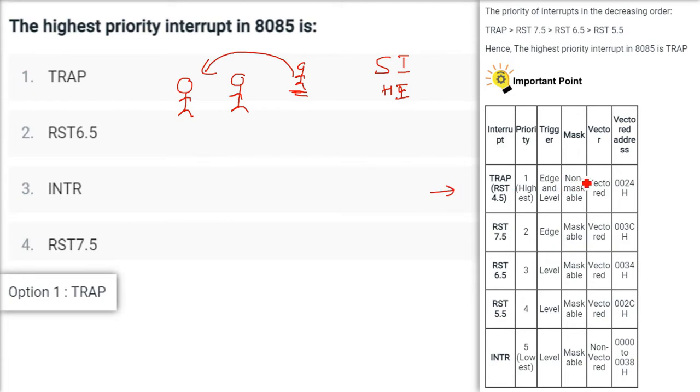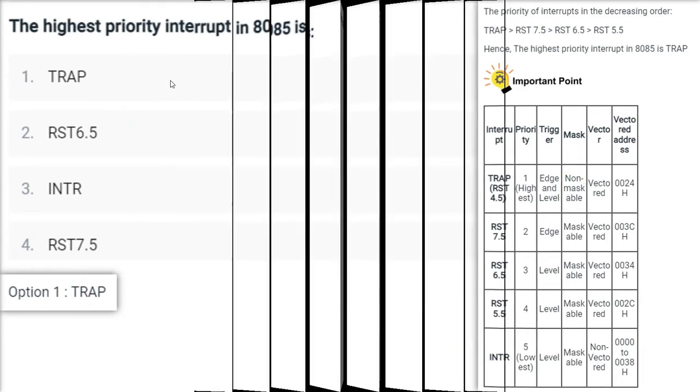This is non-maskable. That is, the person will come, you cannot deny him. You have to address him, then you can continue your work or your meeting. The microprocessor cannot ignore this trap. Then come RST 7.5, 6.5, 5.5 and INTR. So the answer here is trap.